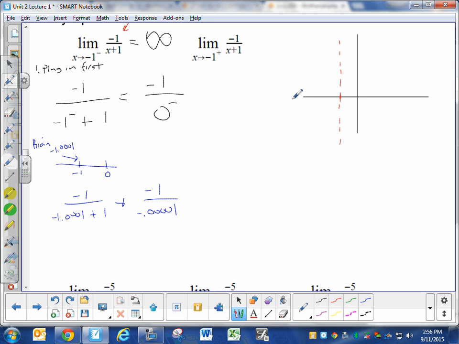And I go and I can sketch that. So I went from here to here to here to here, which allowed me to do that and write that.